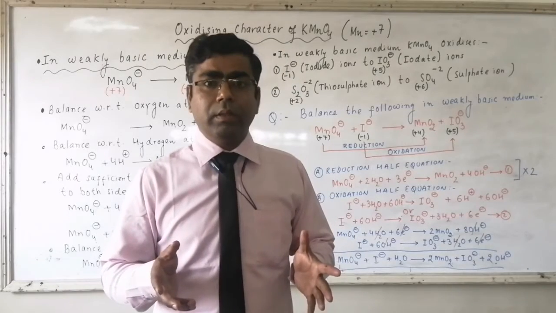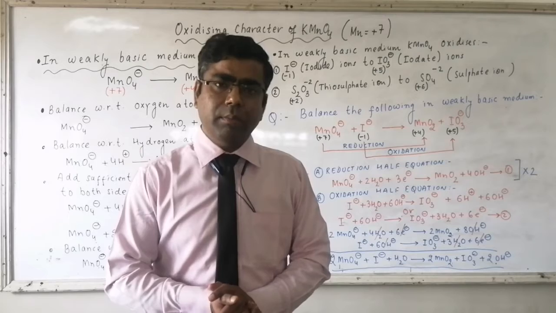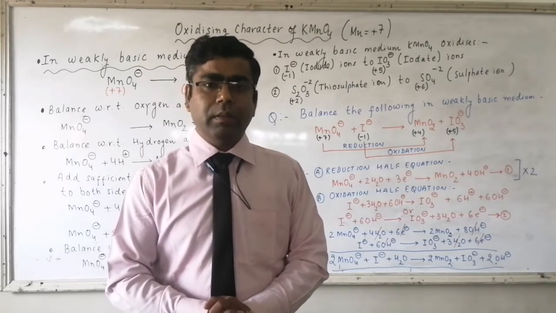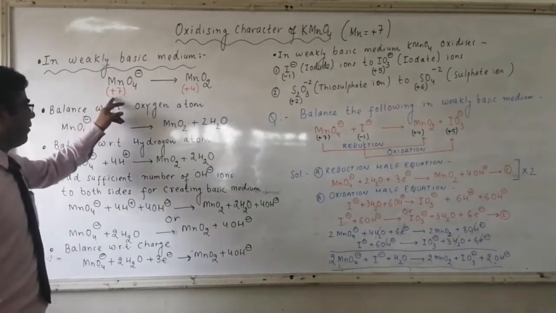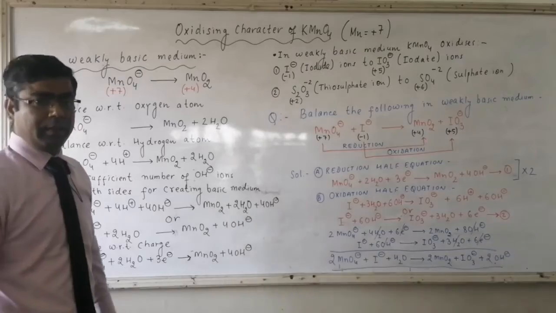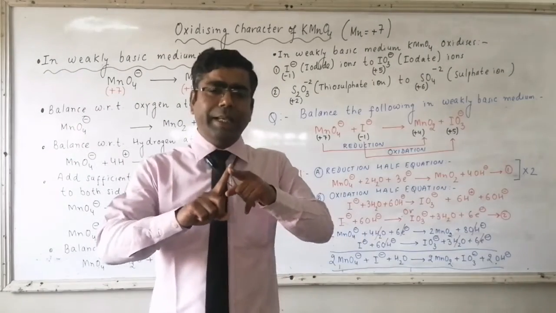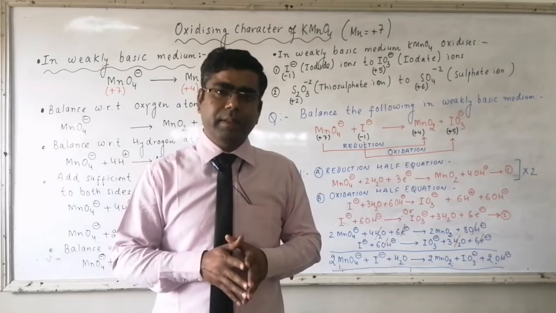Now, let us balance this half equation with the help of the ion electron method. First represent the oxidation state, +7 gets converted to +4. Now, see step number 1: balance the reaction with respect to the central atom.